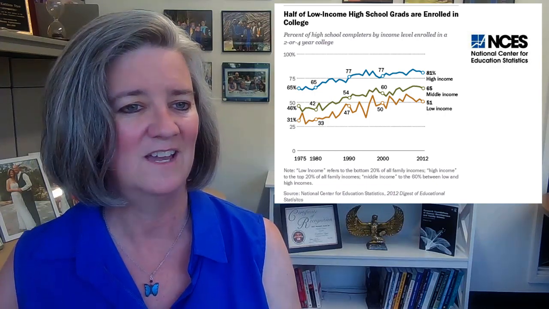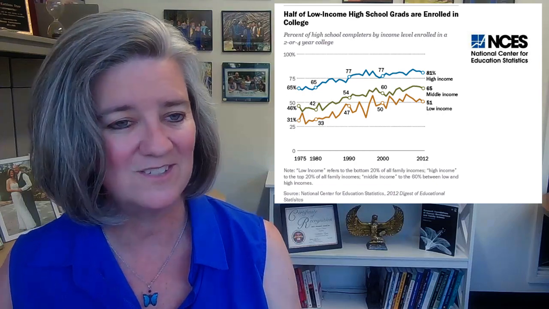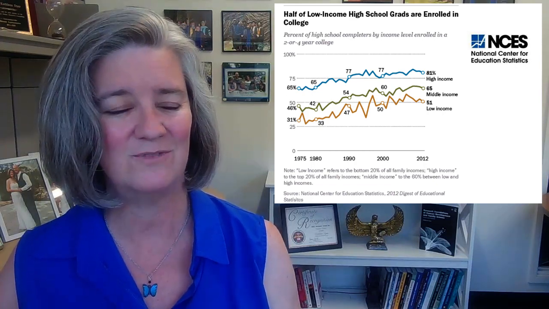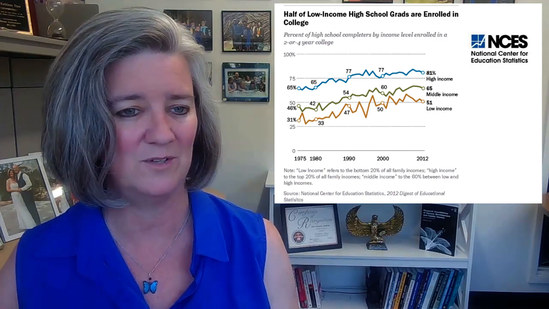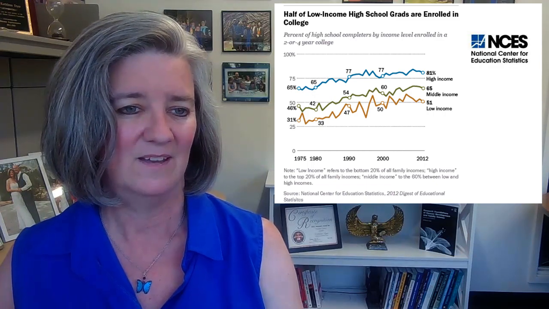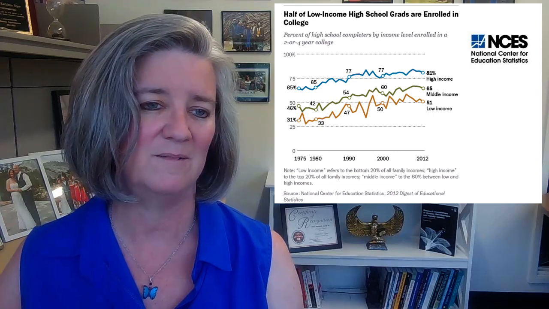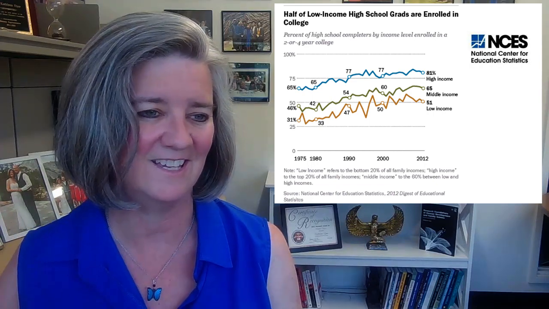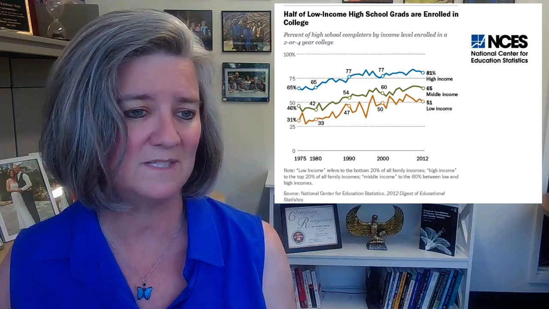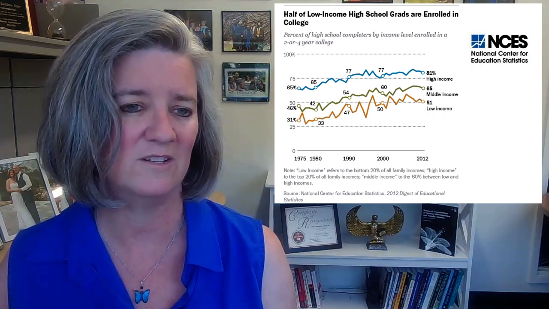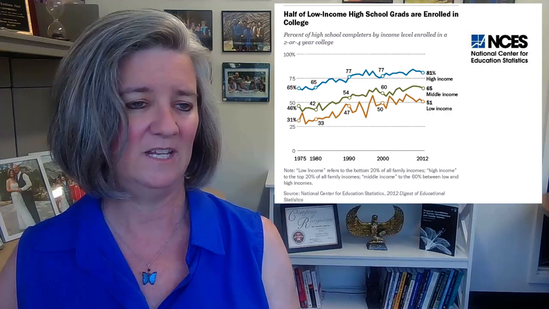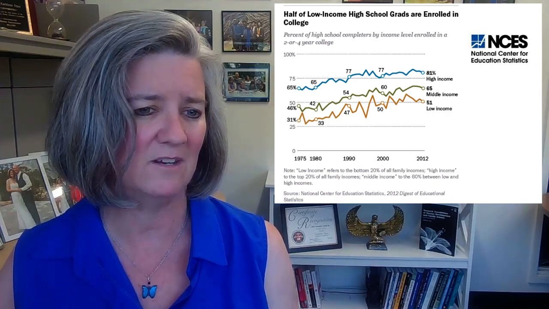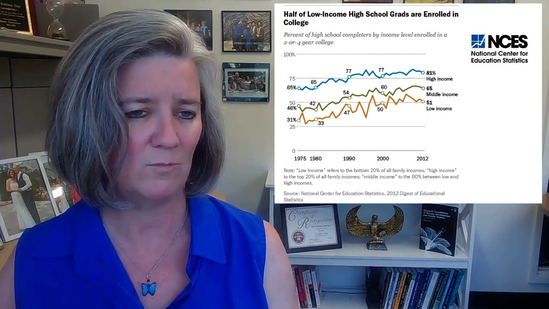And you can see, this won't surprise you, that high-income kids are the most likely to be in college right after high school. 81% of them do. And middle-income kids are a little less likely, and low-income kids are a little less likely. But in all three groups, the number of high school graduates going to college has been increasing over the past few decades, and it appears that they've been increasing at roughly the same rate.